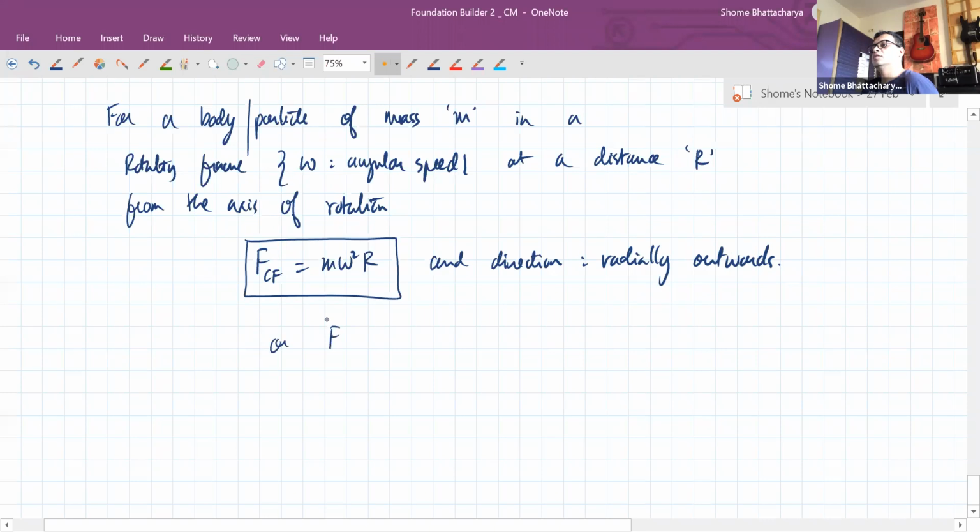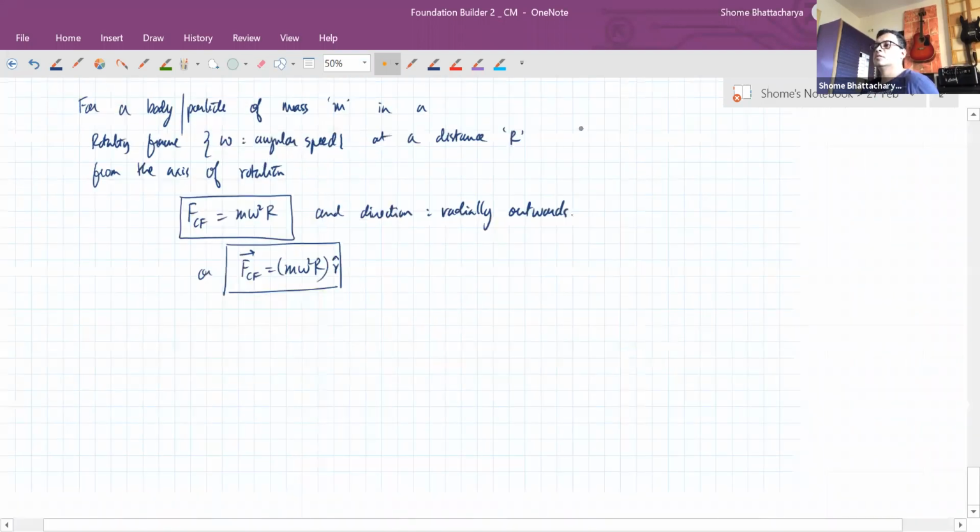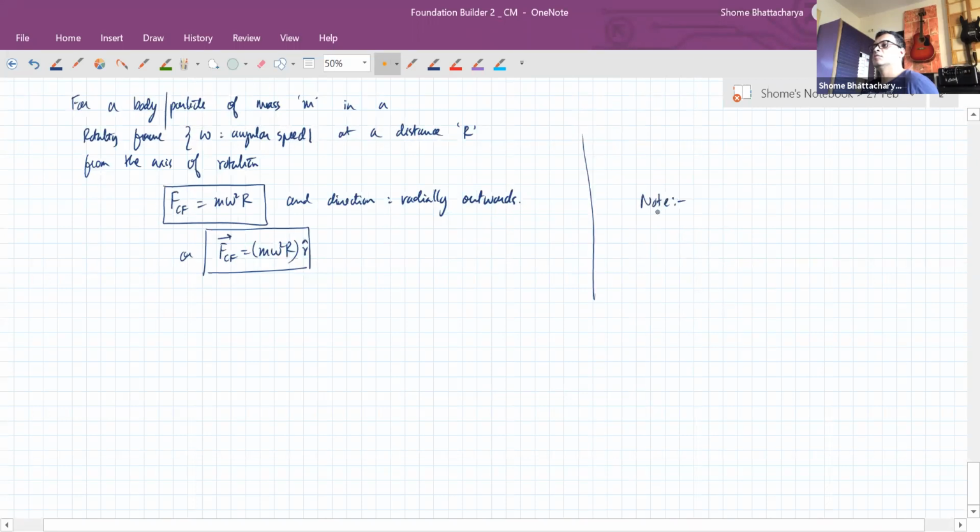So we can say that as a vector quantity, it's like this. You can understand that basically centrifugal force is minus of mass into centripetal acceleration, because centripetal acceleration had the same magnitude, omega square r, but its direction was radially inwards.